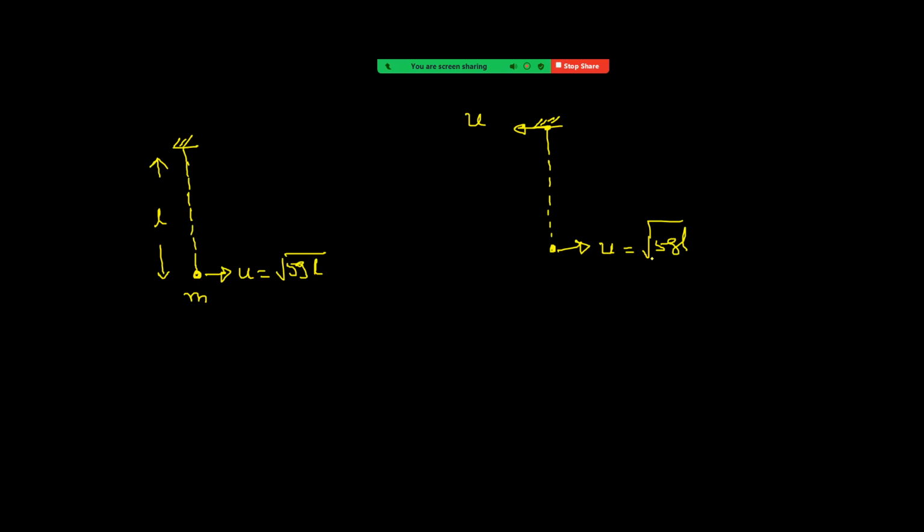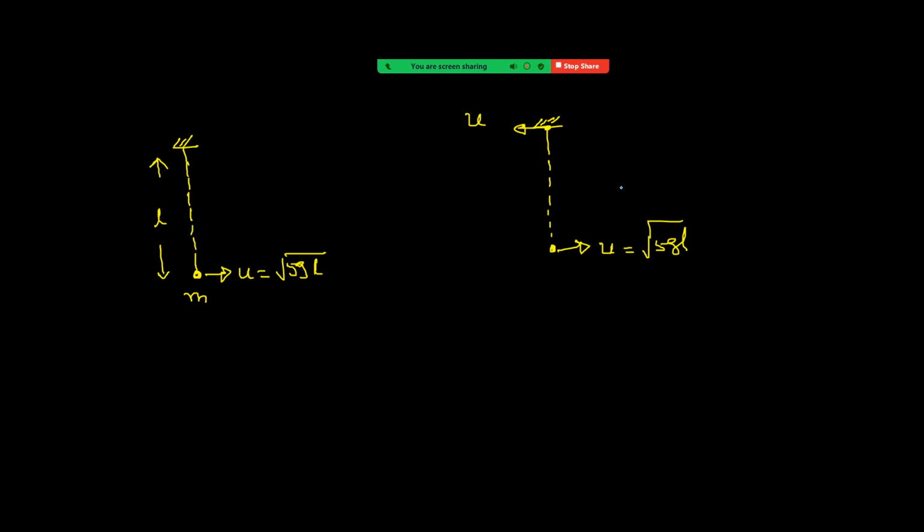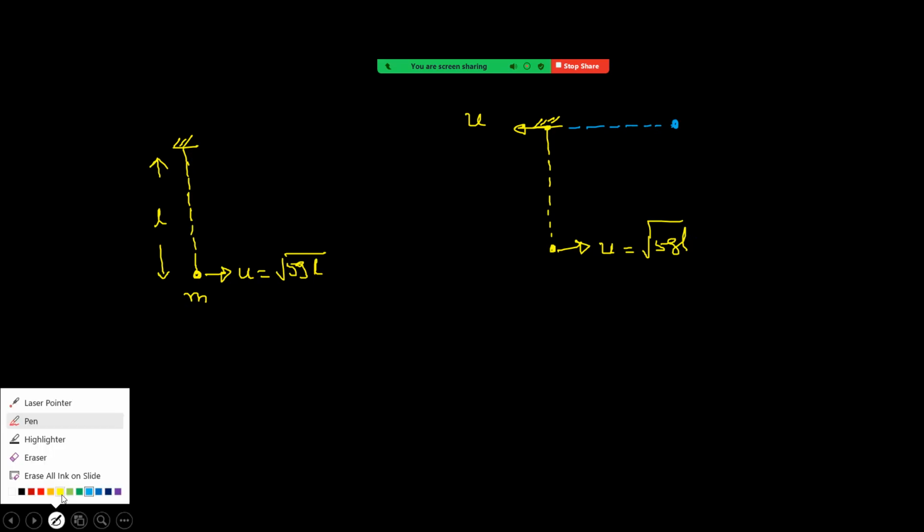Now he is asking what will be the tension when the string becomes horizontal. Now see carefully. When the string becomes horizontal, what is the tension? String horizontal means only tension provides the centripetal force.